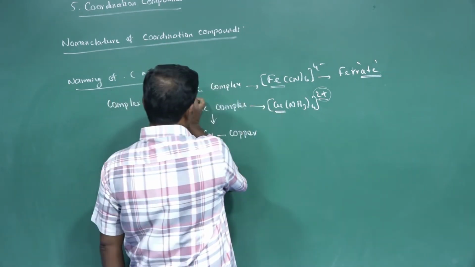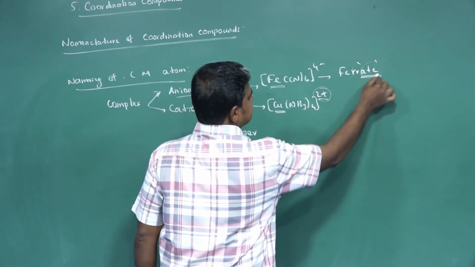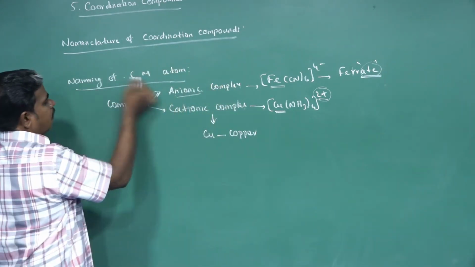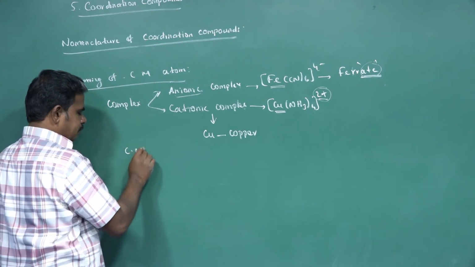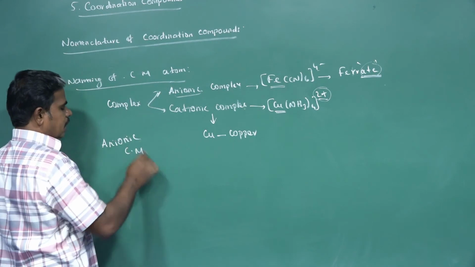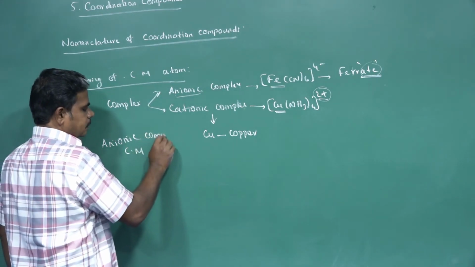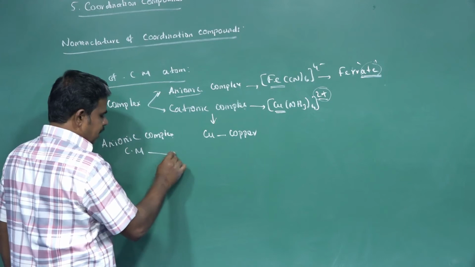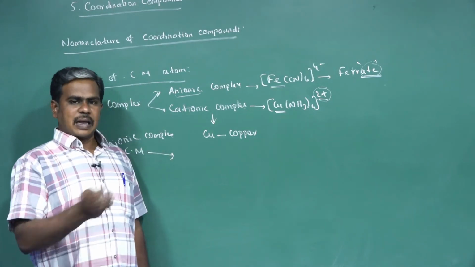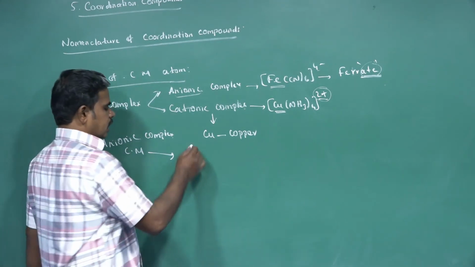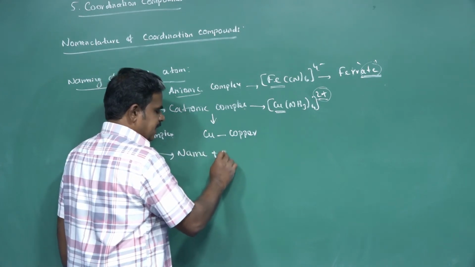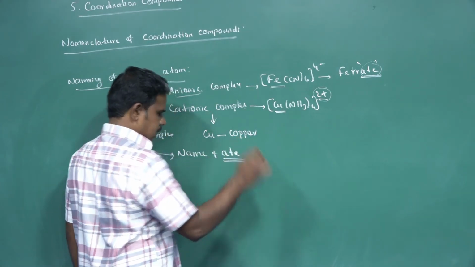In an anionic complex, the central metal atom is taken from its Greek or Latin word and -ate is added, so iron is ferrate.